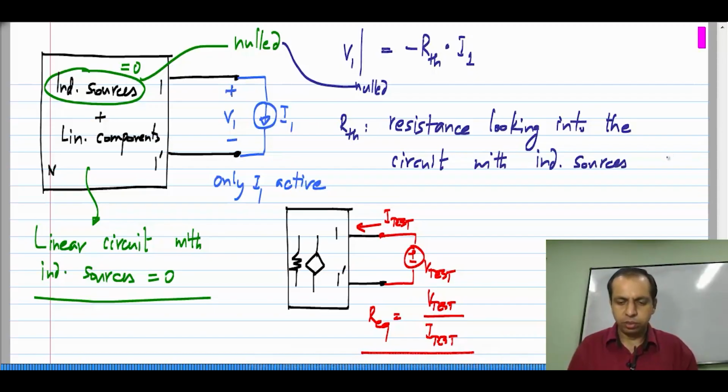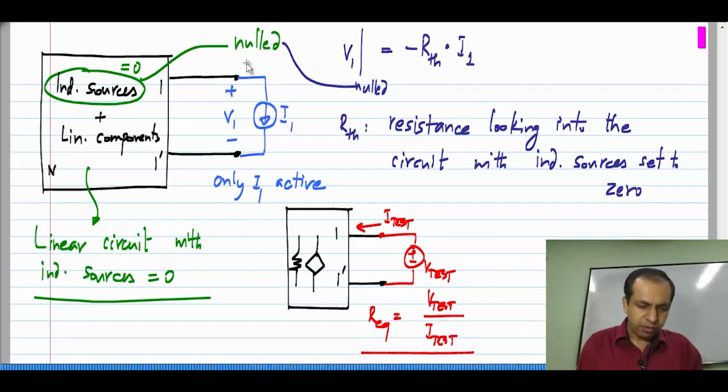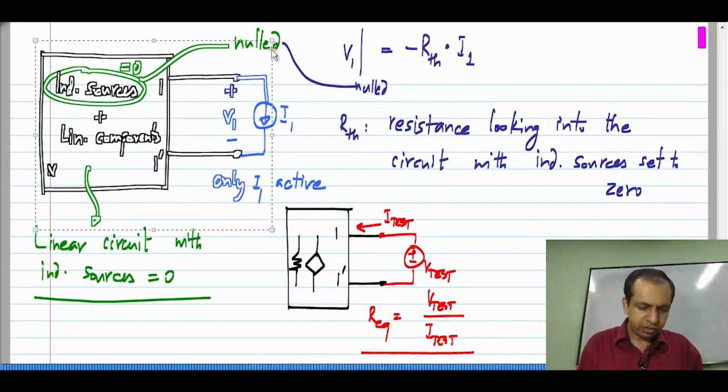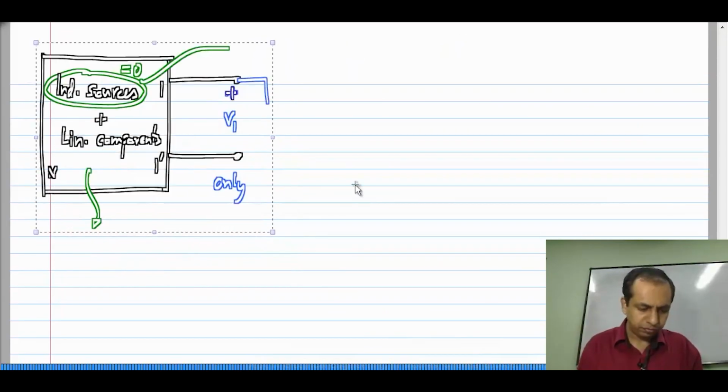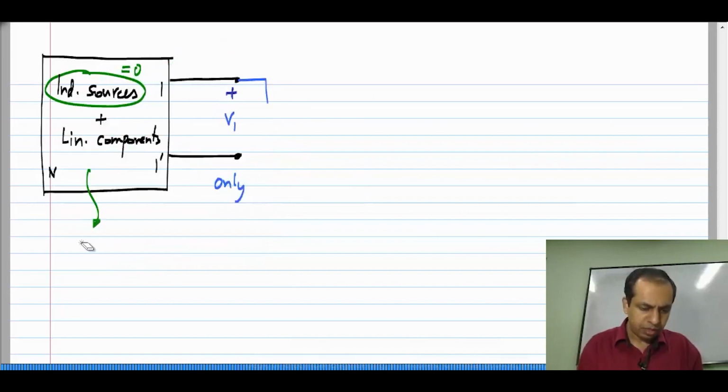RTH is the resistance looking into the circuit with independent sources set to 0, that is by nulling the independent sources. Again, just to ensure that you understand the reason for this negative sign, let me take this circuit. And I have nulled the independent sources. How would I measure the resistance looking at the circuit between 1 and 1 prime?